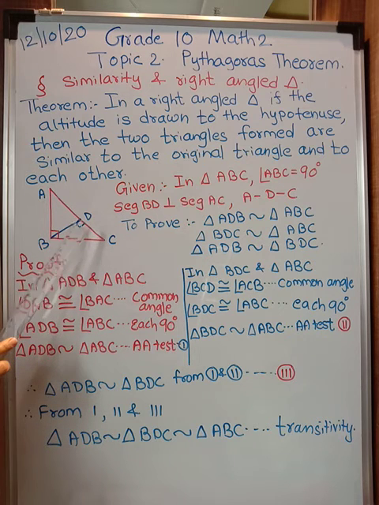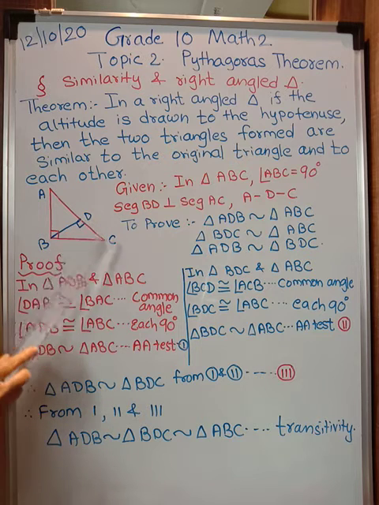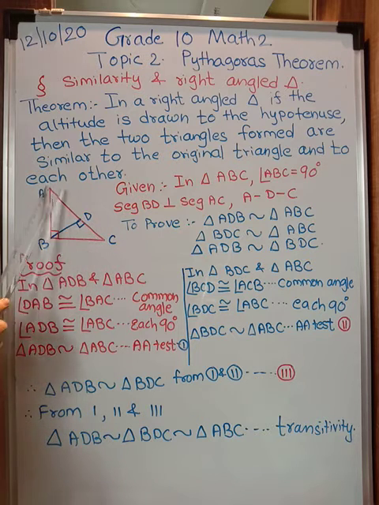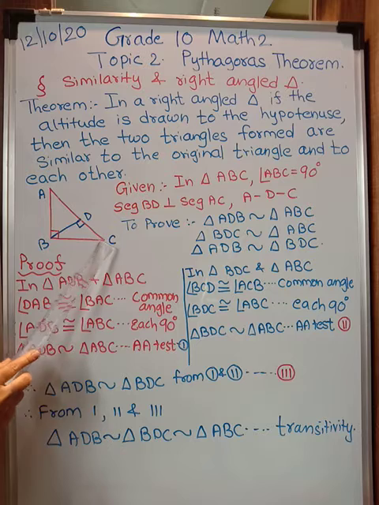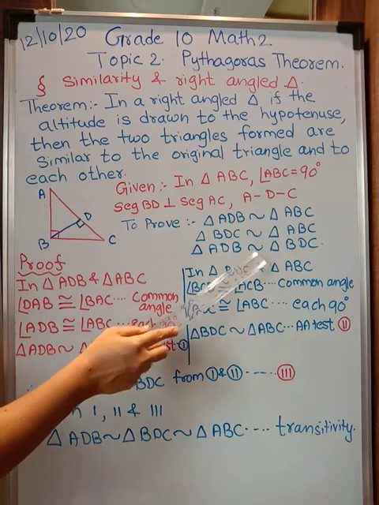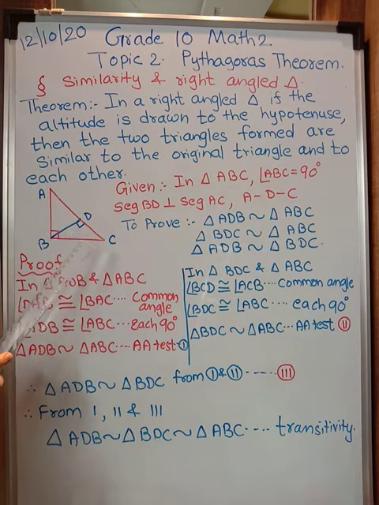Then the second triangle, BDC, this smaller triangle, is also similar to triangle ABC, and these two triangles are also similar to each other. In short, we prove triangle ABC is similar to triangle ABD is similar to triangle DBC. That is what we are going to prove.